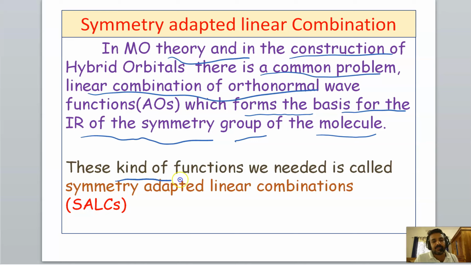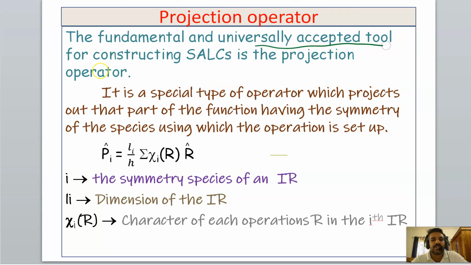These kinds of functions we need are called symmetry adapted linear combinations, in short written as SALCs. It's very important when we are discussing molecular orbital theory and hybridization. The fundamental and universally accepted tool for constructing SALCs is the projection operator.